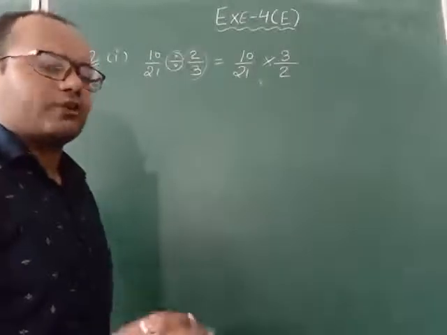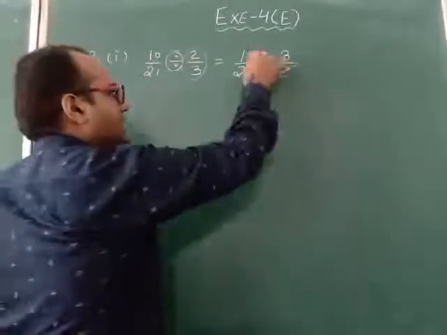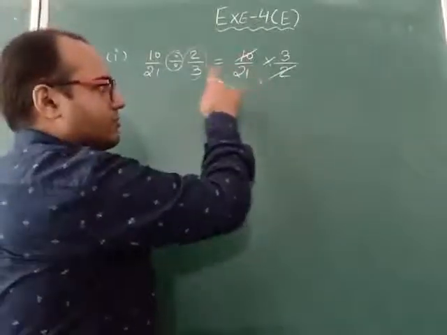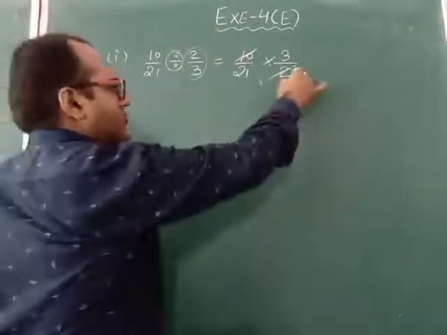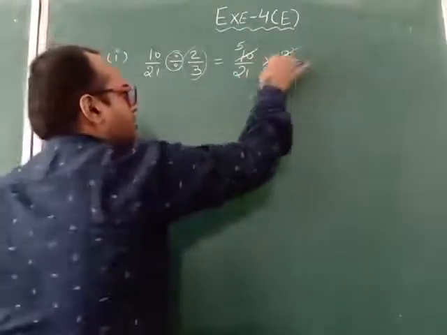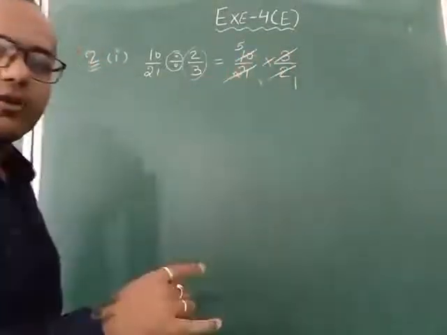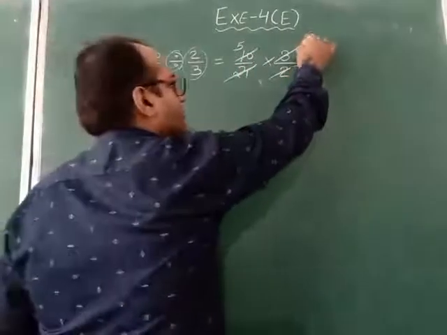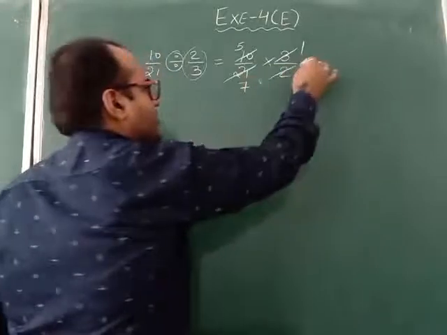Now what we have to do? We have to cancel both numerator and denominator with the same table, as these 2 and 10 both are coming in a table of 2. So these two numbers we will cancel with the table of 2. 2 1 are 2, 2 5 are 10. Now 3 and 21, 3 in the numerator and 21 in the denominator, both we will cancel with the table of 3. 3 1 are 3, 3 7 are 21.